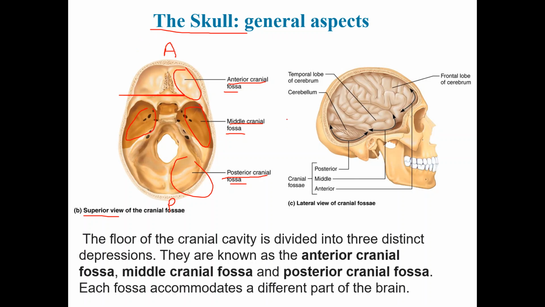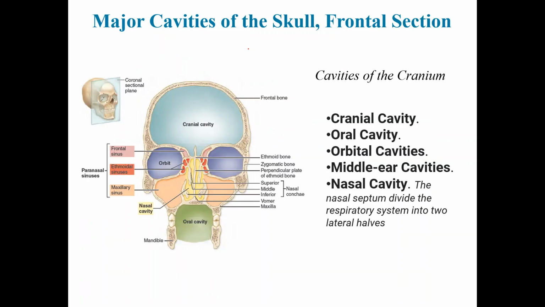Each of these fossae accommodates a portion of the brain. For instance, if we look at the posterior one in a mid-sagittal section, we can appreciate how the cerebellum is accommodated in this depression in the posterior cranial fossa. So these are general aspects.